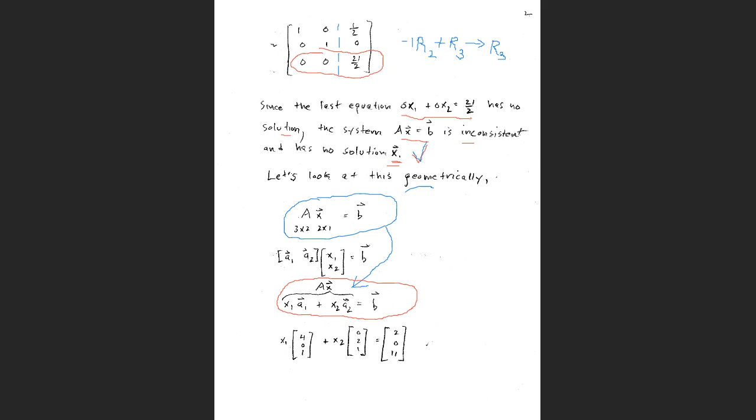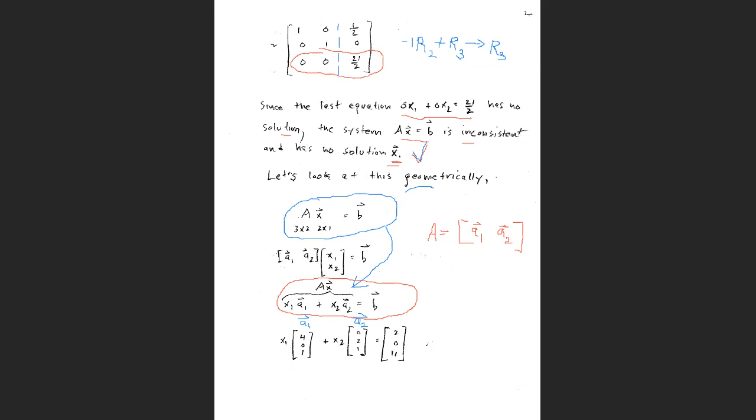So the matrix A consists of column vectors A1 and A2. A1 is equal to the vector 4, 0, 1. That's the first column of the matrix A. The second column of the matrix A is equal to 0, 2, 1.